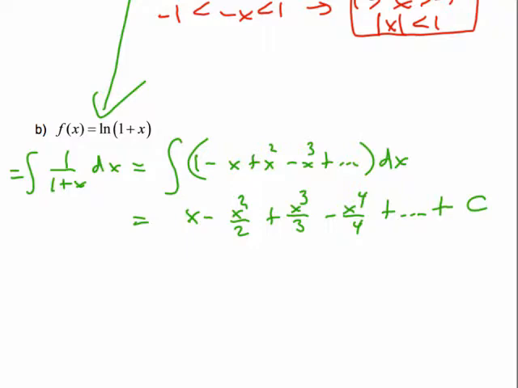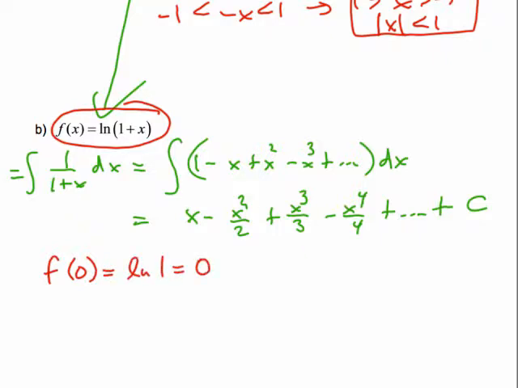Now you can find the constant of integration if you think about a particular value condition that you know. If we have this function, we know that f of 0 would be ln 1 would be 0. So if we plug in x equals 0 for all my x's here, I know that the output has to be 0, which therefore in this case means that c is 0.